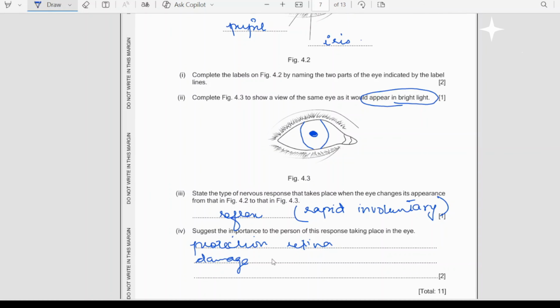What is the difference between cone cells and rod cells? Exactly, correct. The rod cells give you the black and white image basically. So if the light is too intense, or if it has a high light intensity, it can damage our cones, because light is also composed of colors.